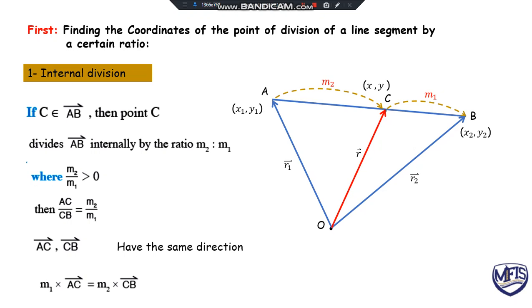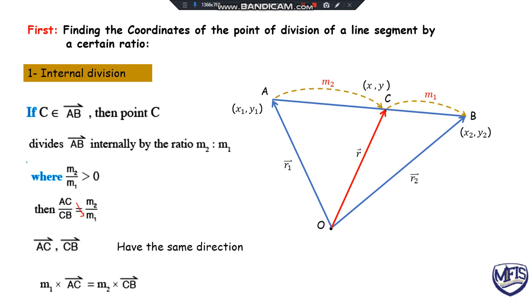So we can make cross multiplication: M1 times directed line segment AC equals M2 times directed line segment CB, from the ratio AC over CB equals M2 over M1.